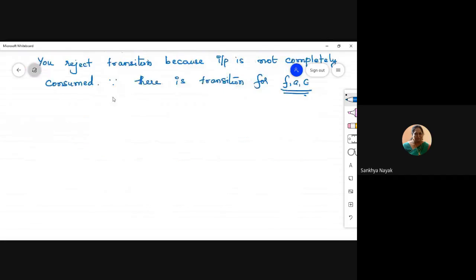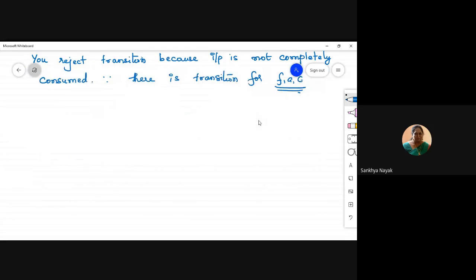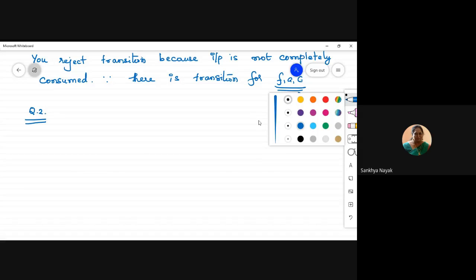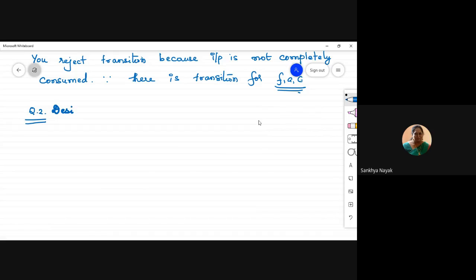Now let us take one more question. Okay. So let's take balanced parenthesis. The question will be: design a PDA for balanced parenthesis.